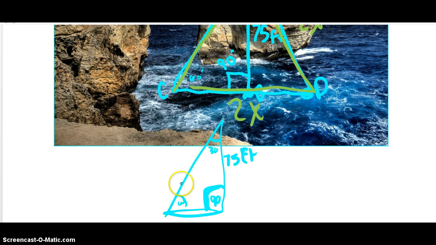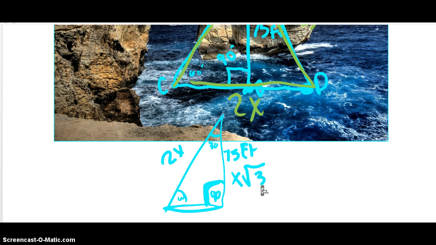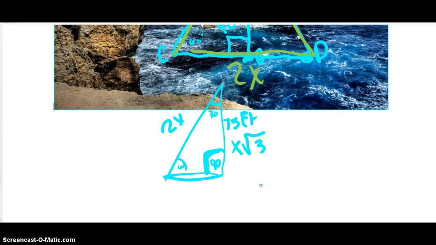Since this line right here is from the original triangle, we can keep this as 2x, and this one right here would be x root 3, as the 30, 60, 90 triangle theorem explains. And right here would be x. And so we are given from this that x root 3 is equal to 75 feet.